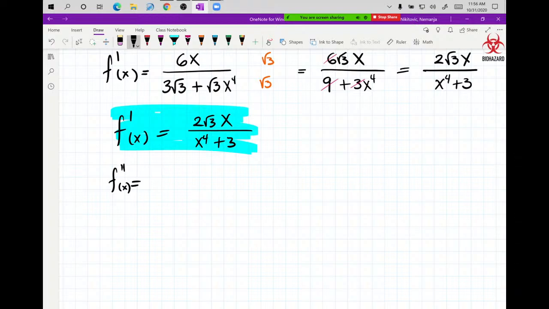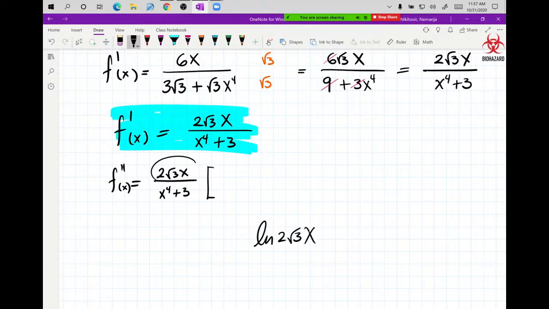Quotient rule. How about logarithmic differentiation? That would get us there quicker. We have 2 root 3x divided by x to the fourth plus 3, right, that's raised to the first power, times the derivative of all of this. So you would have this as ln of 2 root 3 x, right?